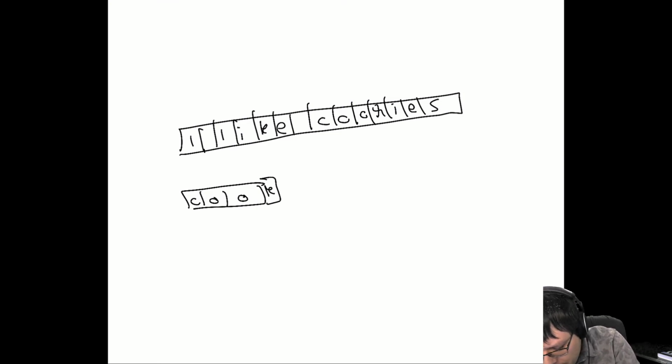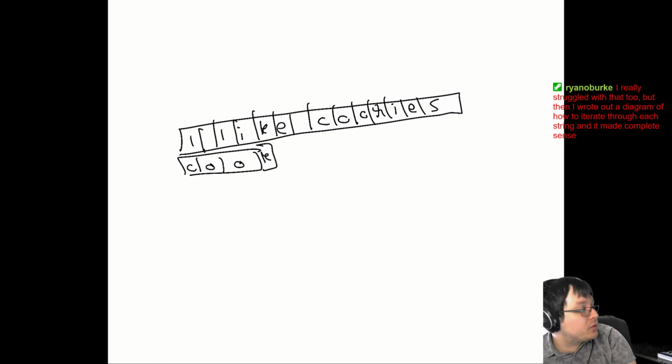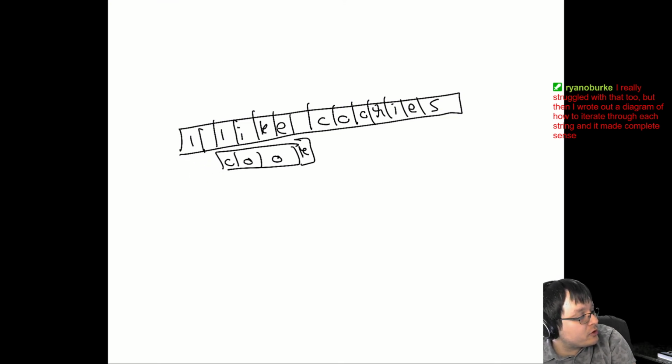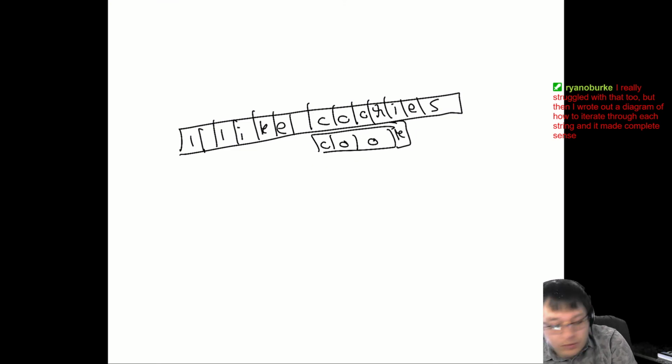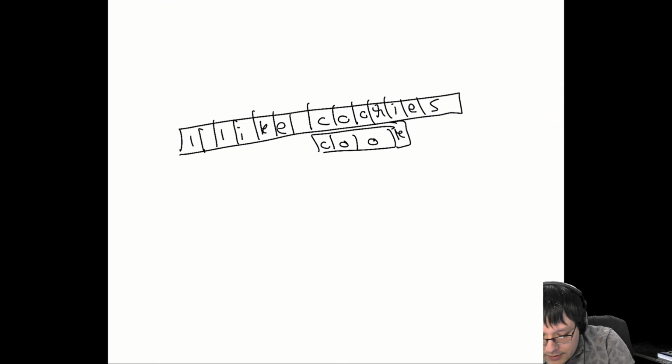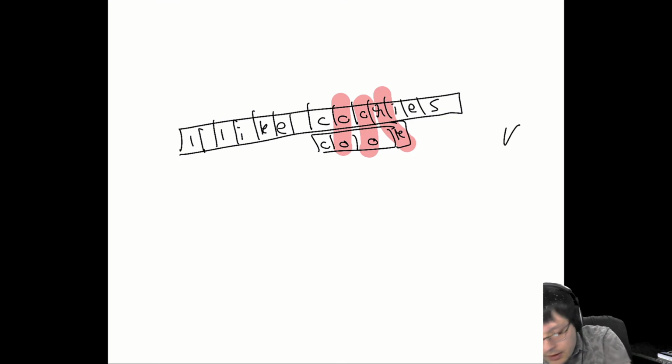What you want to do is put this at the beginning with this one, like this, match, and then slide this down and keep comparing the first character until you find the C. At this point, you find the C right there. So then you want to look at these ones, and then these ones. And if they all match, then you're good to go.